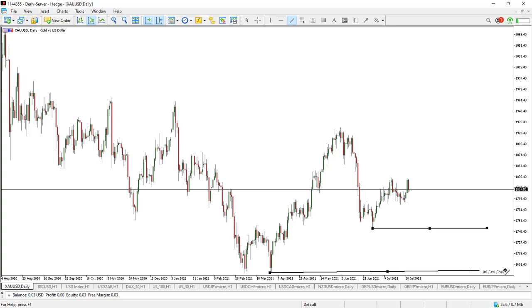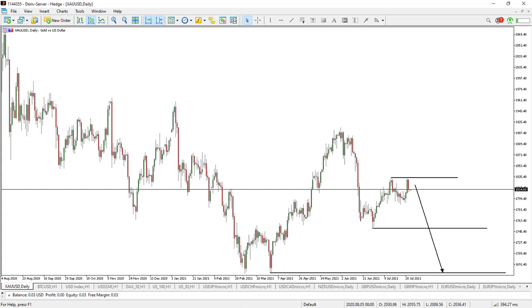These are the two equal lows that I'll be looking for the market to take out, and then this is what I'm expecting from this pair, guys.